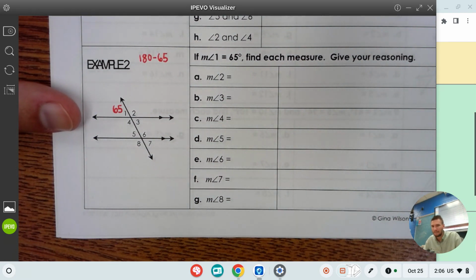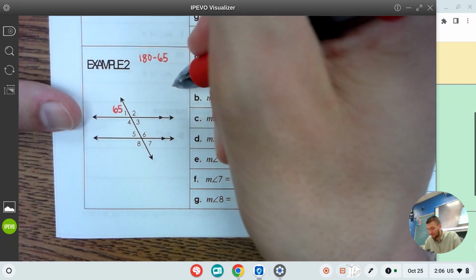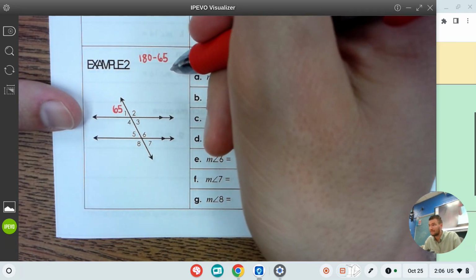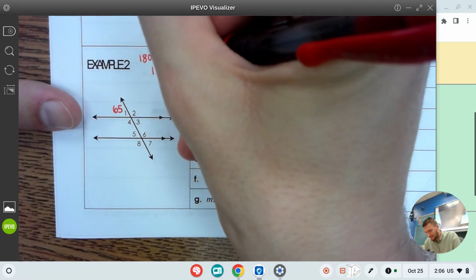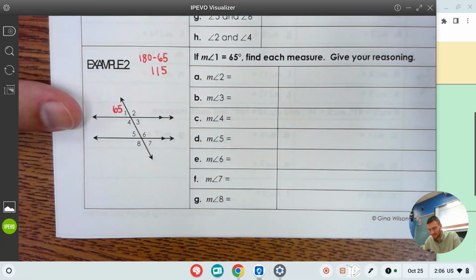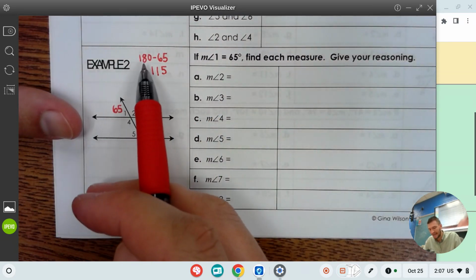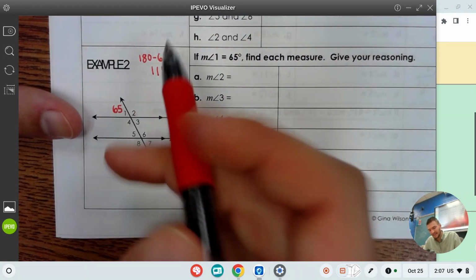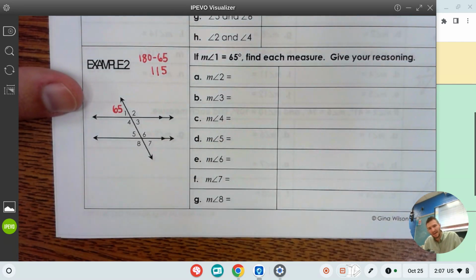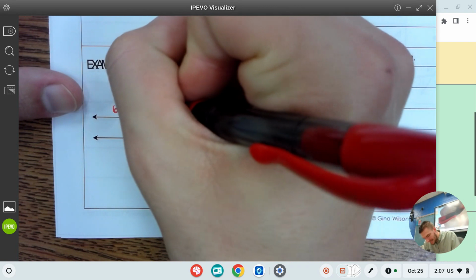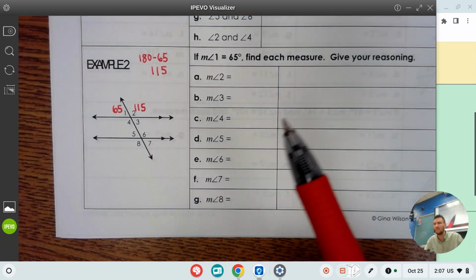Anybody know what that is? It's over 100, I know that for sure. Anybody know it? It is 115. Okay, so what we just did is 180 minus 65. That's because we know that, for example, angle 2 is going to be whatever number adds together with 65 to make 180.